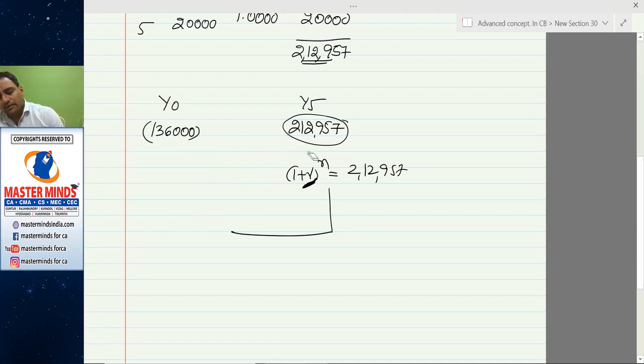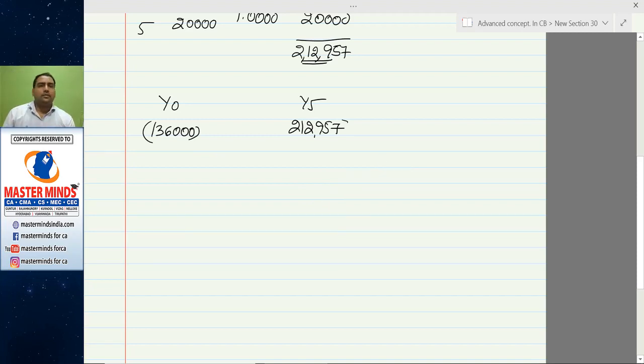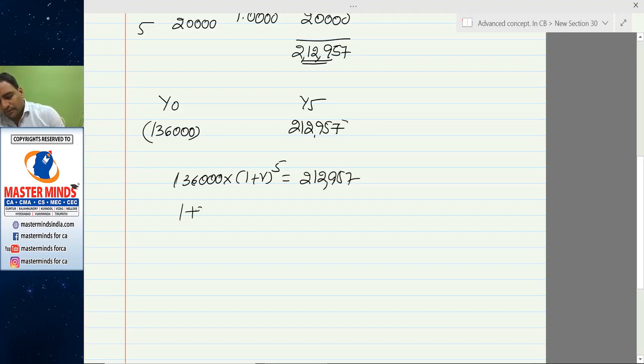So you can take the calculation by any of these two methods. So I am using that 1,36,000 into 1 plus R whole power 5 must become 2,12,957. That means 1 plus R whole power 5 equals 2,12,957 divided by 1,36,000.